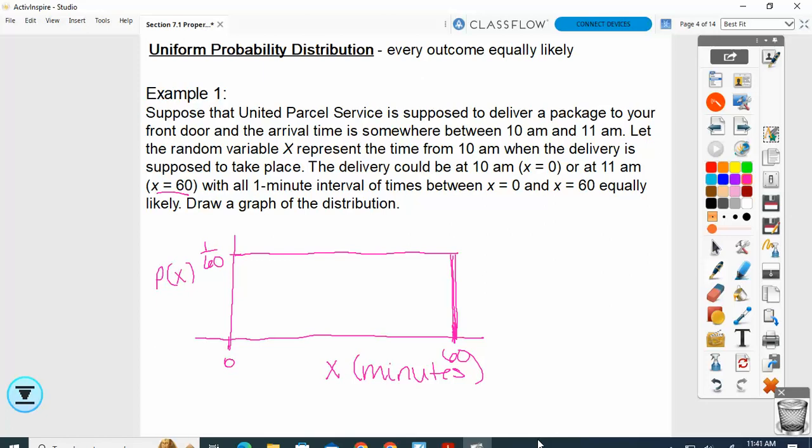No matter where I'm at in that, no matter what x value I pick, my probability is 1 out of 60 because it said every minute in that interval was equally likely. Any questions there?